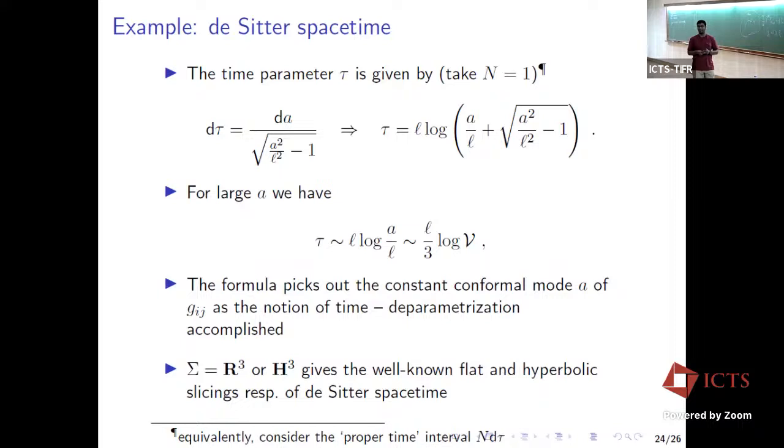It will break down, yeah. So you can either do it for the past or for the future. And the formula picks out this constant conformal mode of Gij as a notion of time here.